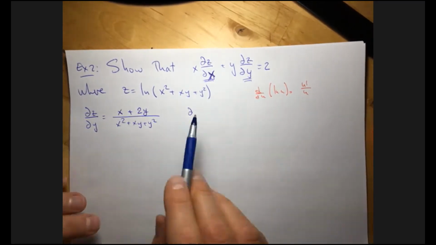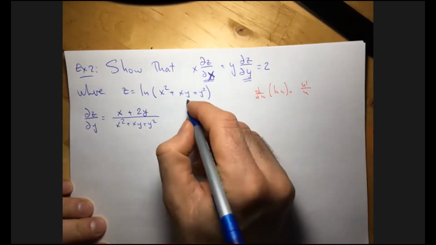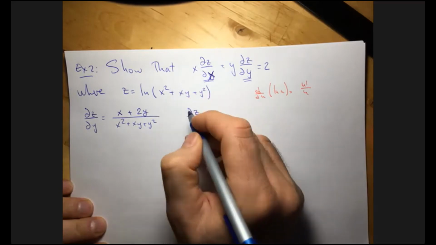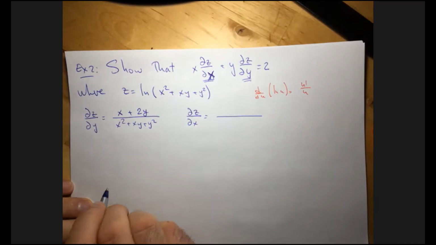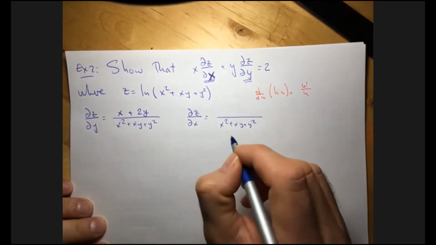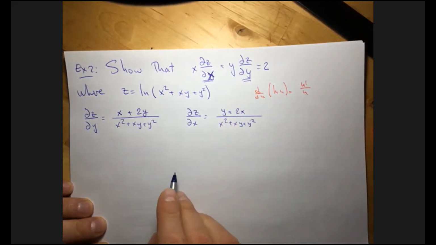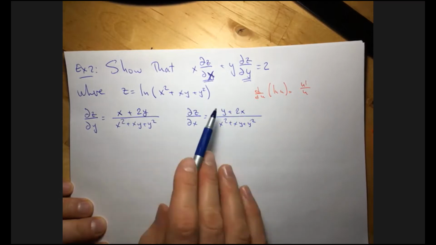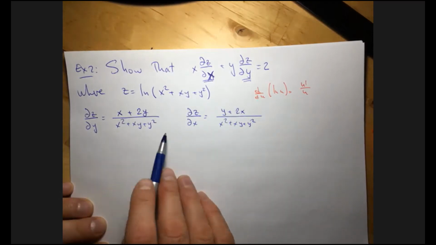And look at this, this is a very symmetric function, right? So you will get used to figuring that out very quickly and then just following through with the second partial derivative, over x squared plus xy plus y squared, and then this is going to be y plus 2x, right? Look at the symmetry, depending on with respect to what variable I'm finding the derivative.